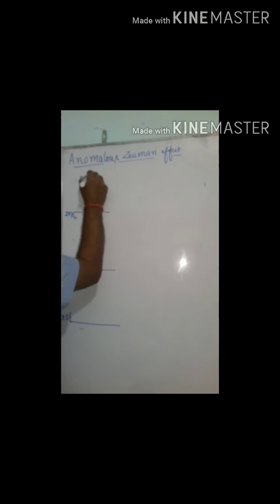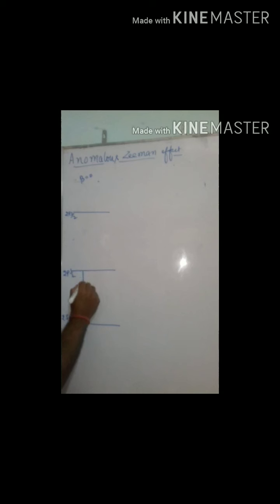One was 2s 1 by 2 to 2p 1 by 2, and this is your 2p 3 by 2. In absence of magnetic field, when B is equal to 0, one line is this, the other line is this. This is called the D1 line and this is called the D2 line, right? So these are the values.